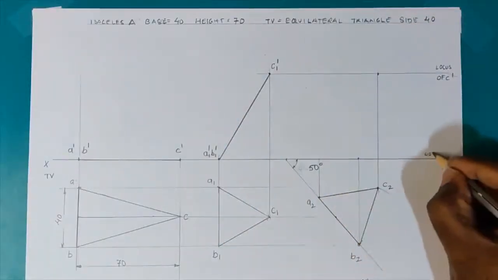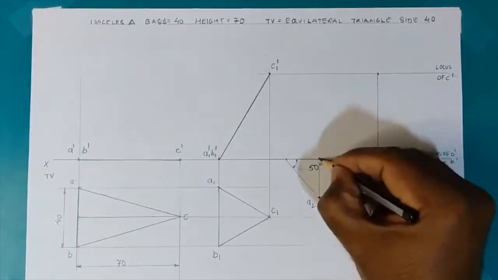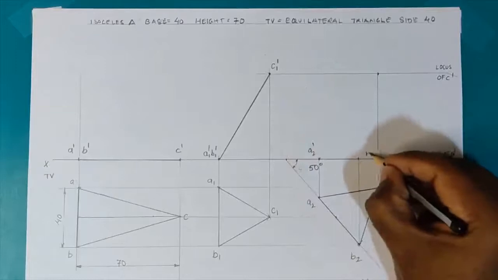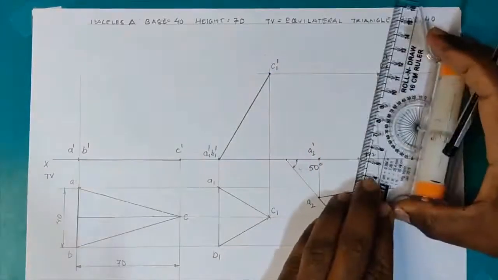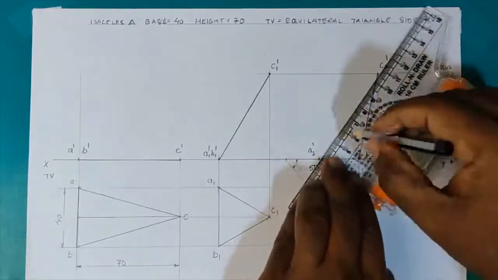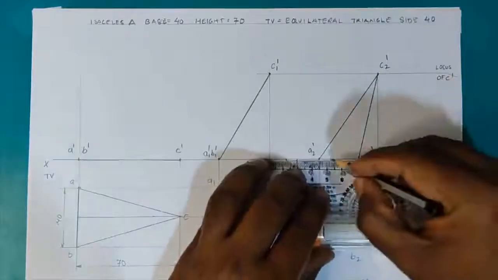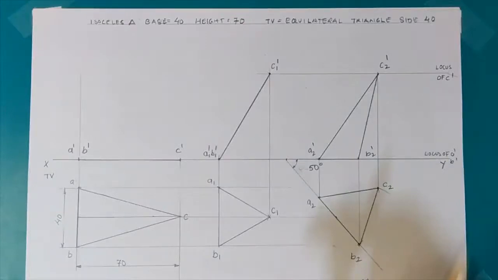So the locus intersection of A dash B dash with the projectors of A2 and B2 would give us A2 dash B2 dash. Similarly, the locus intersection of C2 dash and C1 dash would give us the point C2. So I'll join the points A2 dash, B2 dash, C2 dash as seen, and I'll be getting the final position.